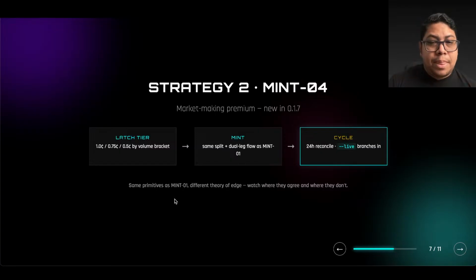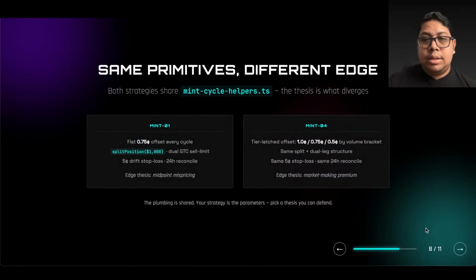So yeah, as it's explained here, the same primitives as the previous one, but the theory of how to get an opportunity, an edge, is different, right? All right. So those two new strategies are already present in the update. Okay.